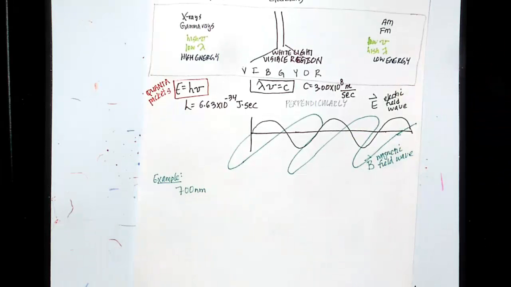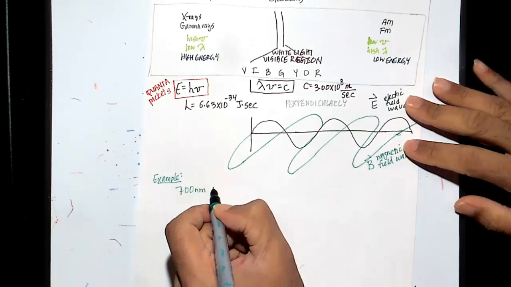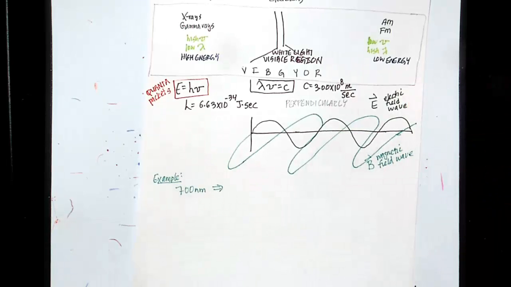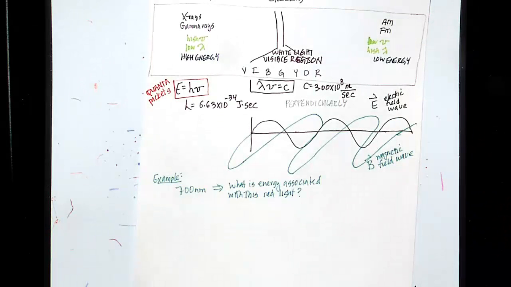You hit a stop sign or red light, traffic signal, red light comes to your eyes. That wavelength we know is about 700 nanometers. So what is the energy that your eyeballs are getting? What is the energy associated with this light? It's a question. So let's see if we can answer this.